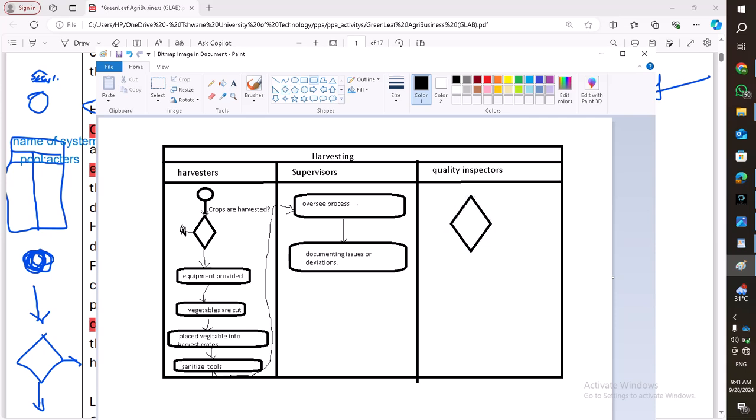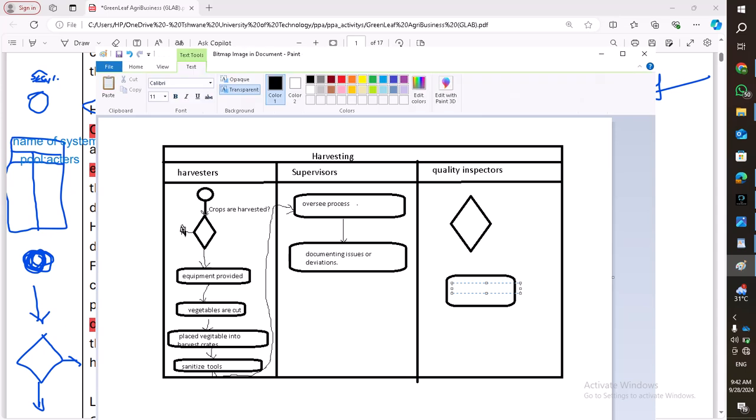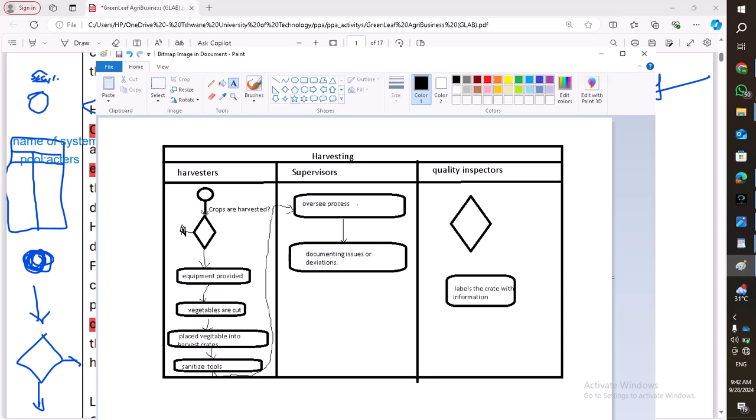After checking that the trays are full, then the second step, which is the step I want to write now: label the tray with information. After that, it moves from here to here, and then the question will be right here.